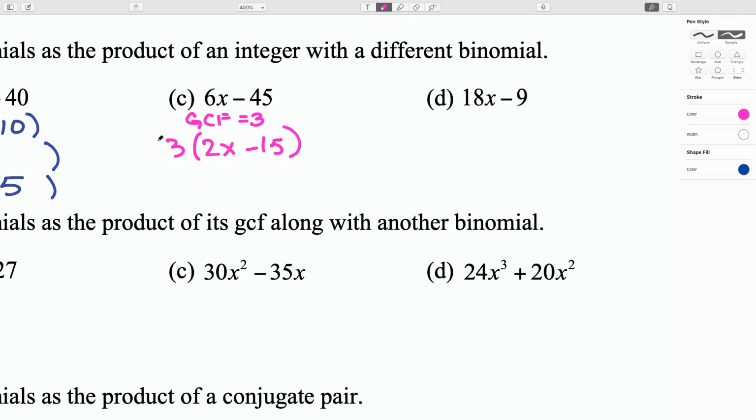So the factored form of 6x minus 45 is 3 times 2x minus 15. I know that I'm done because 2x and 15 do not have any common factors. And let's do D.